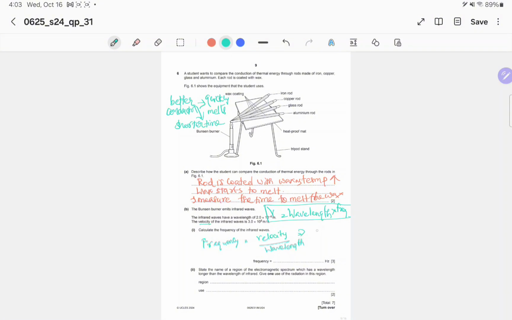So velocity is 3 times 10 to the power 8 divided by 2 times 10 to the power minus 6. So your answer will be around 1.54, right? No, I made a mistake here.